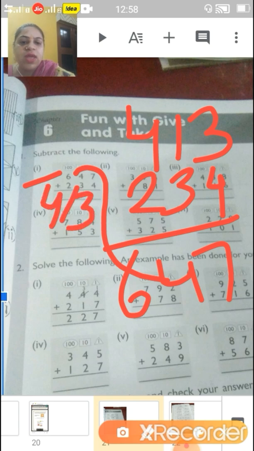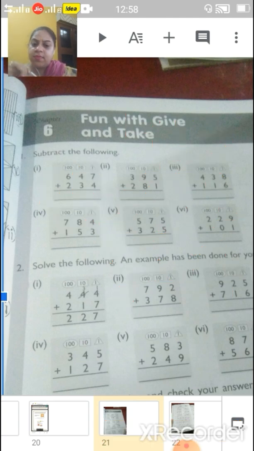If we are adding here also, if we are subtracting, that means it is correct. Understood? I hope. No, then we will have to add only. Understood children?